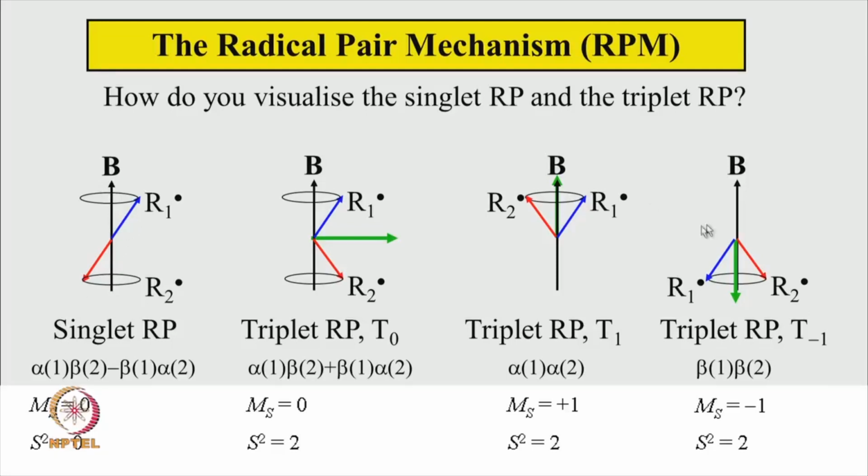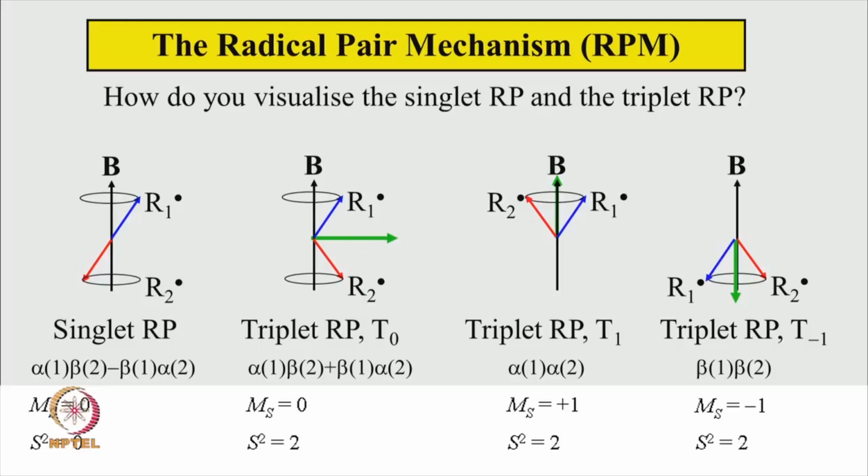In contrast to that, look at this one here. Here R1 and R2 both point in the same direction along the magnetic field. So, if you take the total component of the electron spin along this direction, I get 1 unit of angular momentum. So, this is a triplet radical pair with m_z equal to plus 1 and S squared will be 2. The wave function for this is alpha 1 alpha 2. Similarly, the triplet radical pair with m_z minus 1 will have this sort of spin orientation.